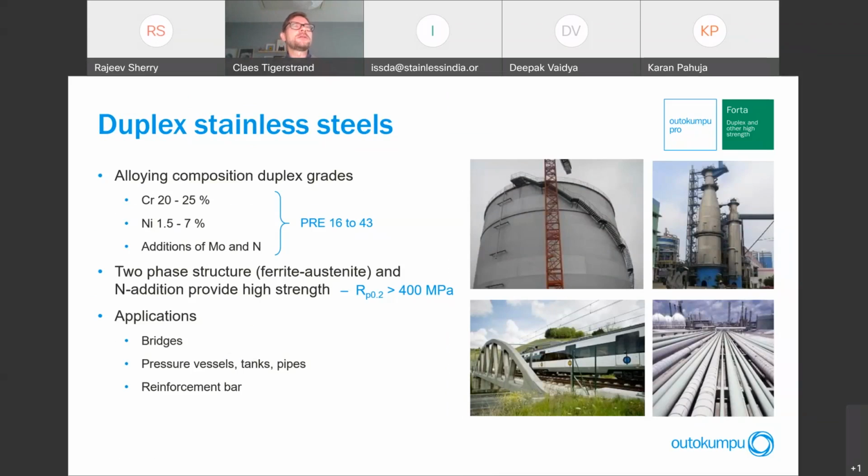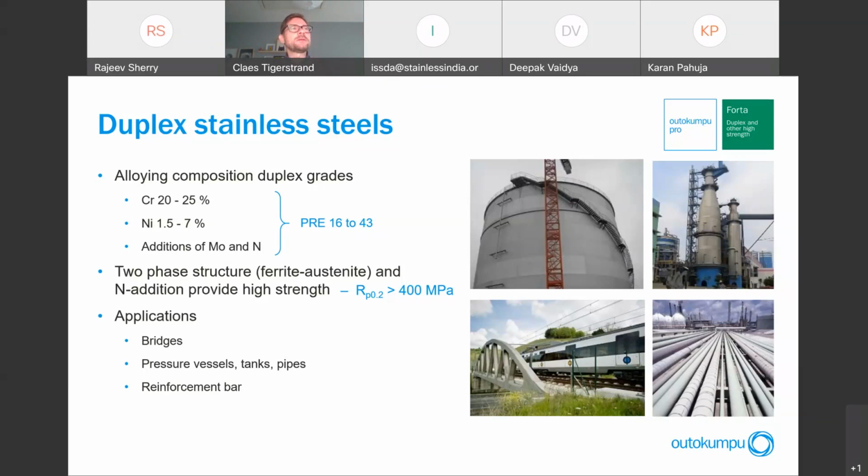So you can get PRE values from 16 up to 43 here, a wide range there. With the two-phase structure of a duplex grade and the nitrogen addition, you can reach high strength. So the Forta range is where you have Rp0.2 values from 400 and above. And as I said, also the Forta austenitic is actually part of the Forta range.